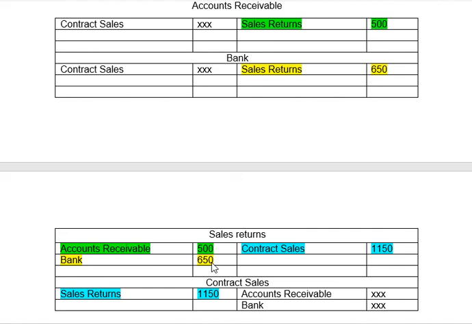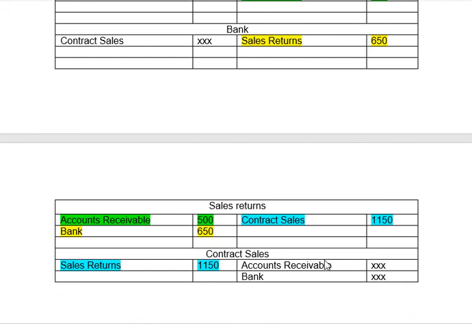So now the scenario is similar to the one we had for the purchase returns. When we made the purchase returns, the inventory account had to be adjusted because obviously the inventory was sent back to the supplier. Now we have to adjust the sales account because currently in the sales account, it still says there's the credit sale, there's the cash sale. It doesn't say anything about the returns. So what are we going to do with the returns?